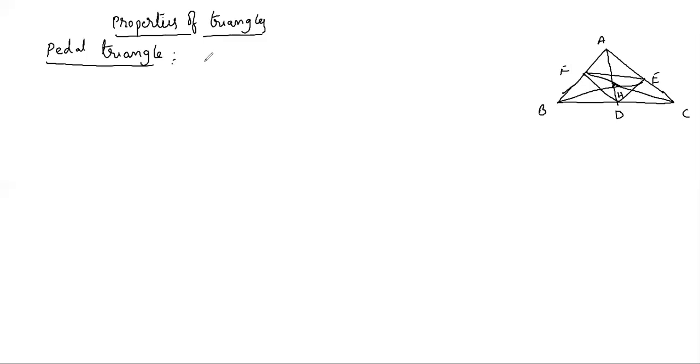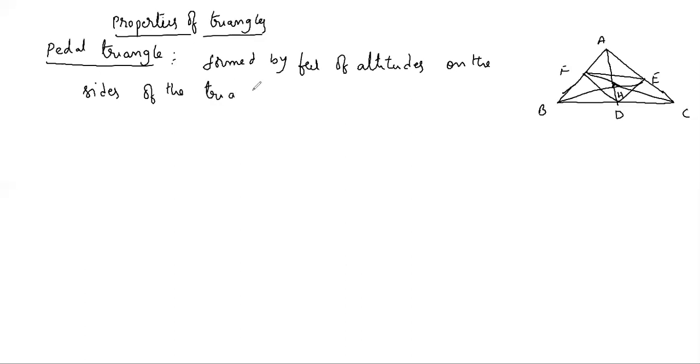So what is the pedal triangle? A pedal triangle is a triangle formed by the feet of altitudes on the sides of the triangle. So here the triangle DEF is called the pedal triangle of triangle ABC.